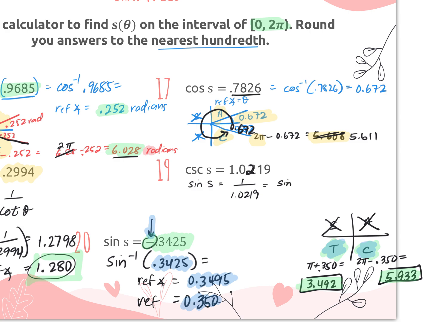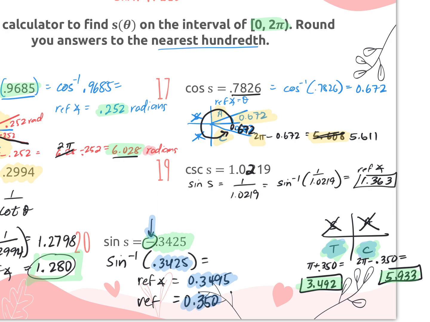The inverse sine of 1 over 1.0219 is going to give me my reference angle. So I'm going to do 1 divided by 1.0219, get that answer, and then find the inverse sine of it, and my reference angle is 1.363. Okay? So this is my reference angle.